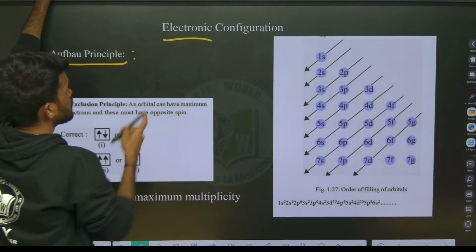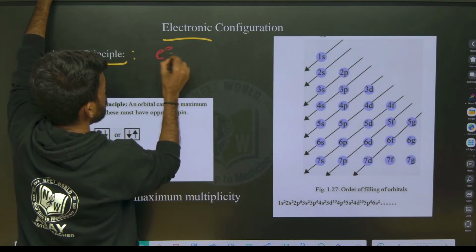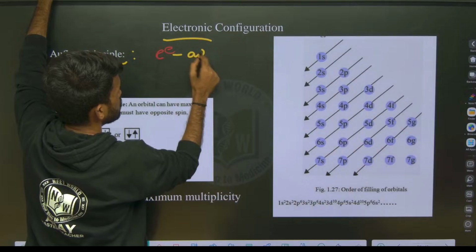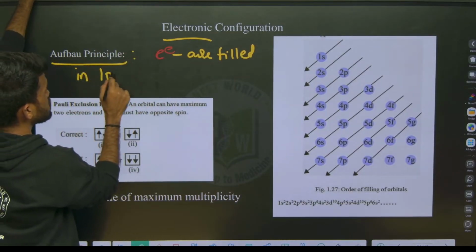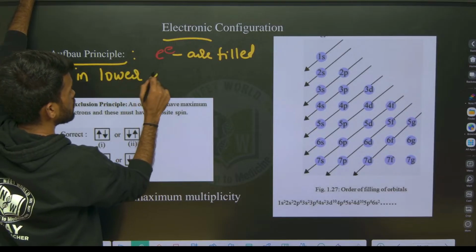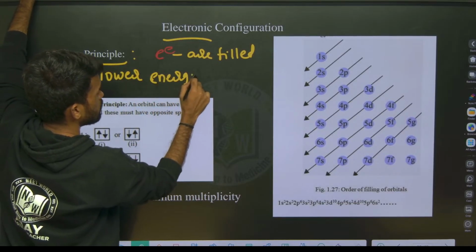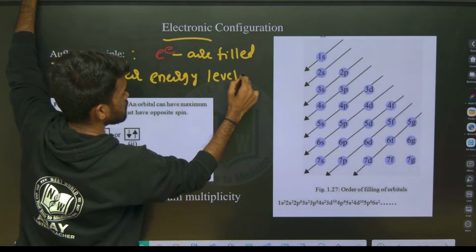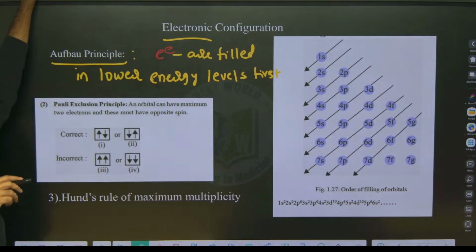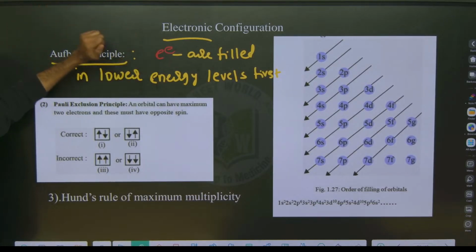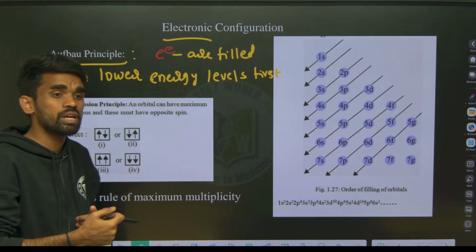According to this, electrons are filled in lower energy levels first, before filling the higher energy levels. Now how can we identify lower and higher energy?